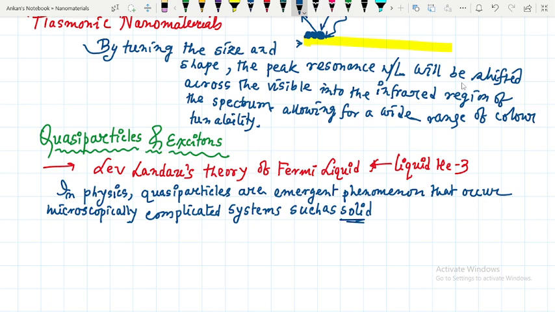Solid is a very complicated system. That is something you have studied already in the 5th semester solid state physics, and you are very well aware of the fact.